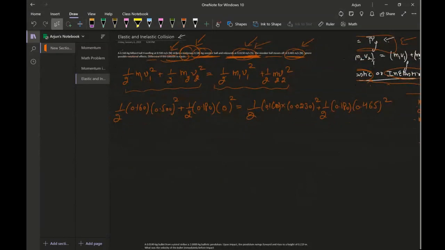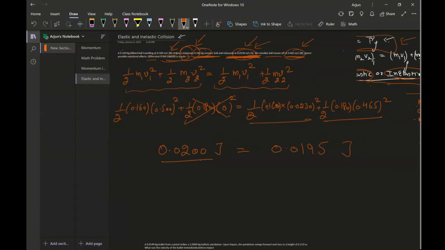Again, we don't need to bother about the direction in this case. Whenever we are talking about energy, we will not bother about the direction. And this becomes 0. If I do this calculation, this comes out to be 0.0200, and the unit of energy is joules. Then if I do this calculation, this will come out to be 0.0195 joules.